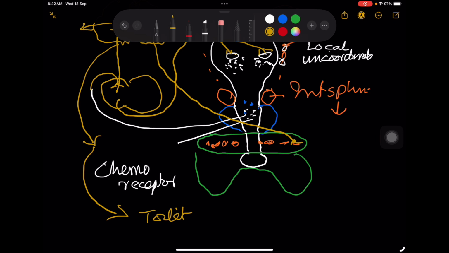There, the pudendal nerve relaxes and urine starts flowing out of the membranous urethra, perineal urethra, and goes into the penile urethra.